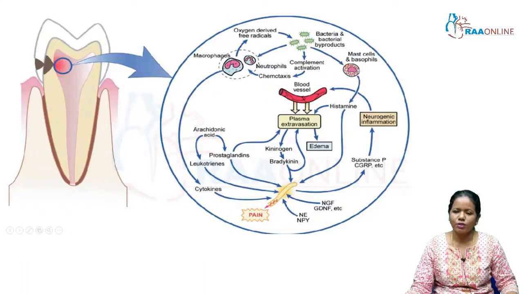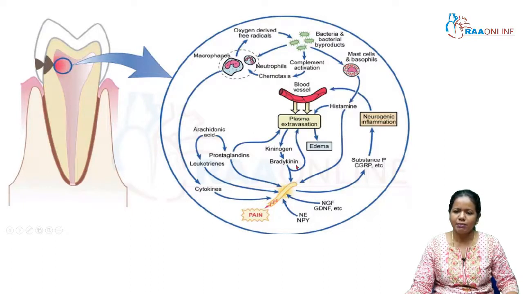So when there is vasodilatation, the endothelial cells lining the blood vessel contract and create gaps between the cells. So plasma enters from within the blood vessel into the surrounding intrapulpal tissue. So there is increase in fluid within the intrapulpal tissue causing edema, resulting in increase in intrapulpal pressure.